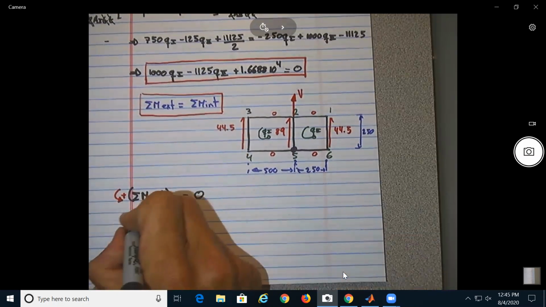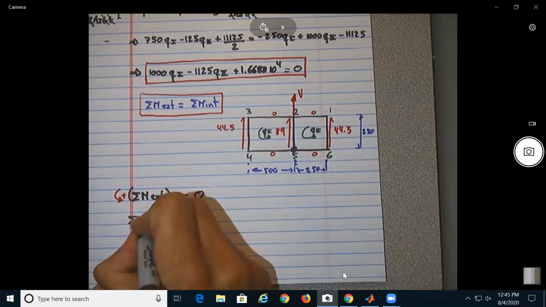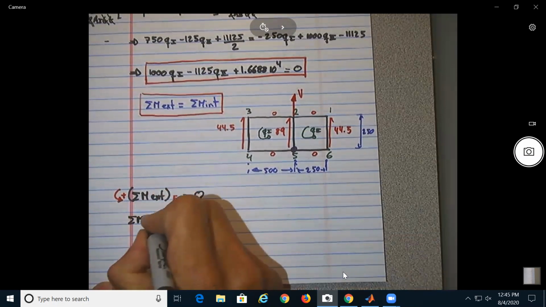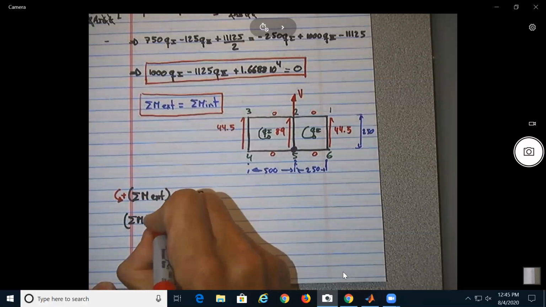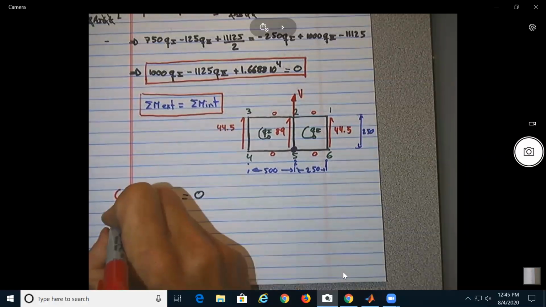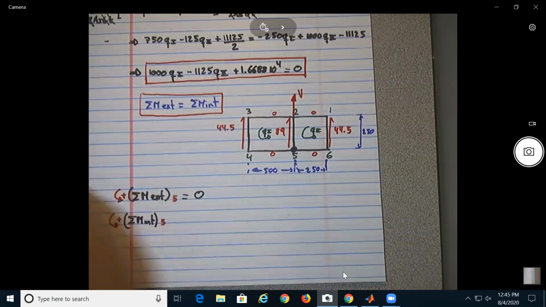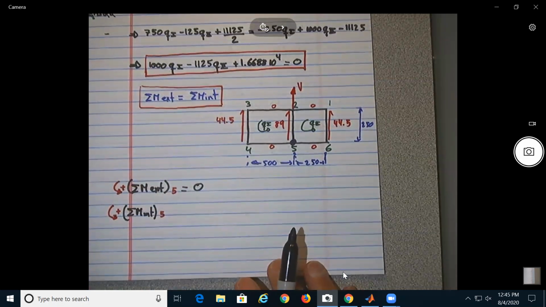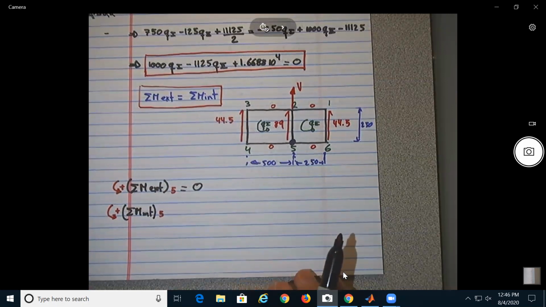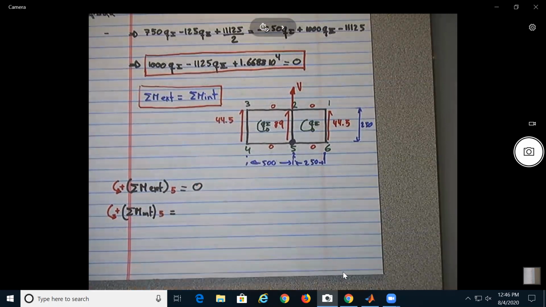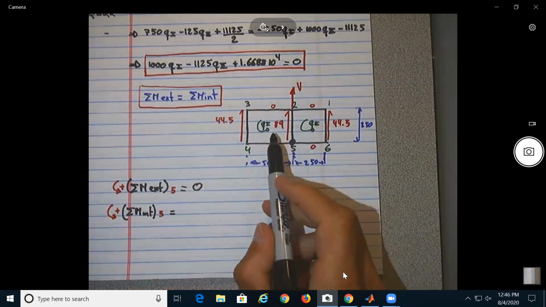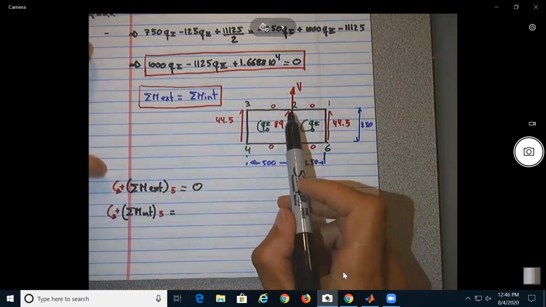And now we do summation of moments internal about point 5. So what are we going to have? Let's start with cell 1, with segment 3, 2.